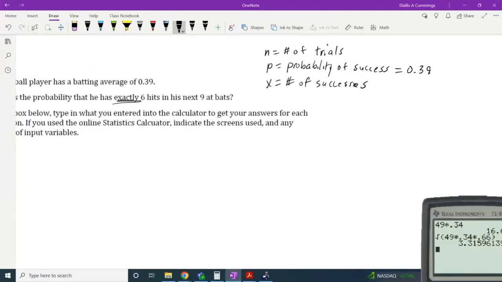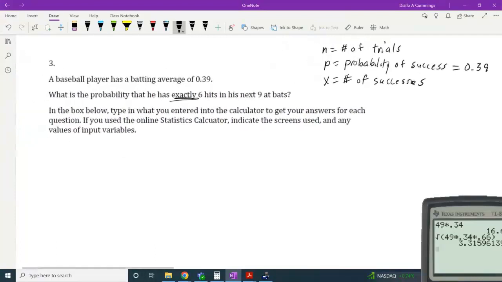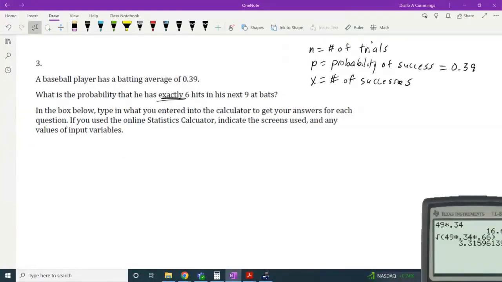He has a 39% chance of hitting the ball. Here they give it to us as a decimal. As we keep reading, it says, what is the probability that he has exactly 6 hits in his next 9 at-bats? So what is 6 and what is 9?